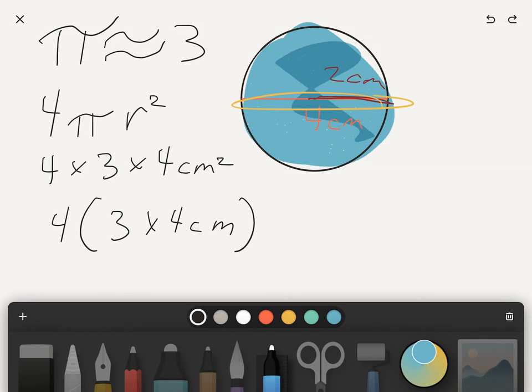It's kind of weird. Pi's weird. So essentially, is this getting a little mystifying?